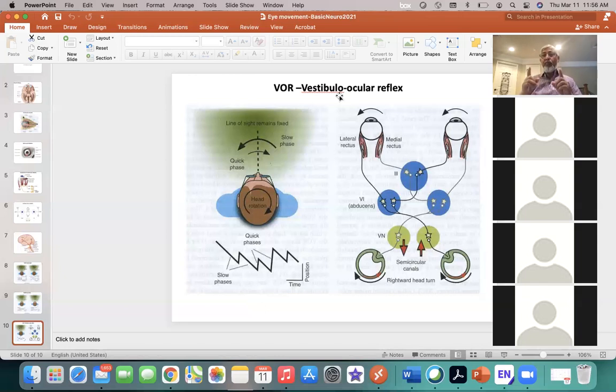Now, a lot of balance is dependent on the movement of the eye or of the visual signal. Did you see, sometimes if the police suspect someone of drunk driving, they test their vestibular function, and they want them to keep their eyes closed.